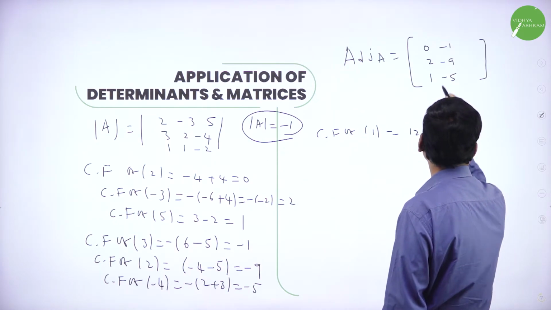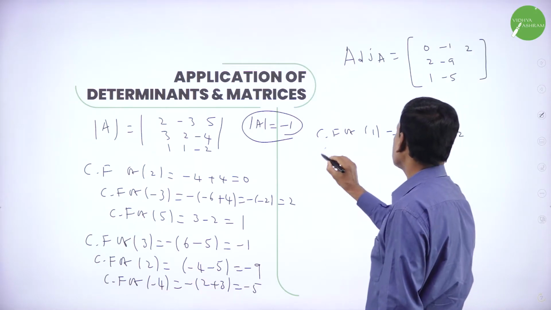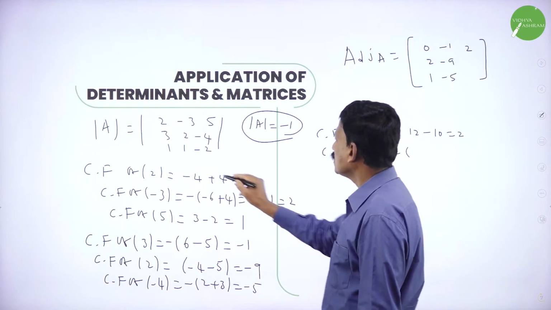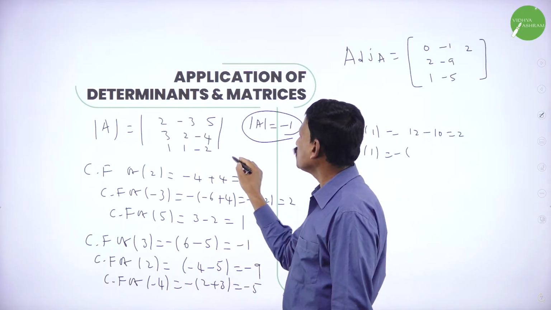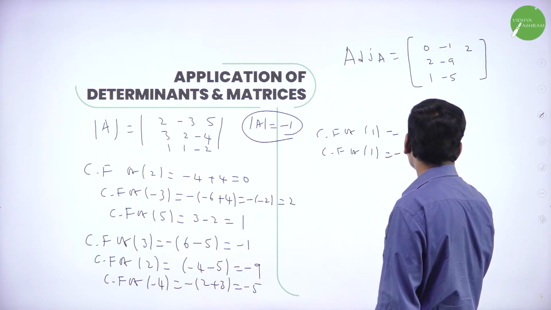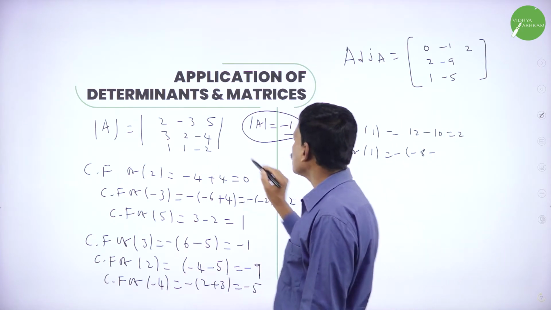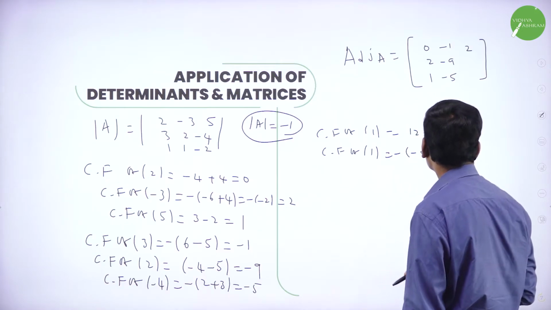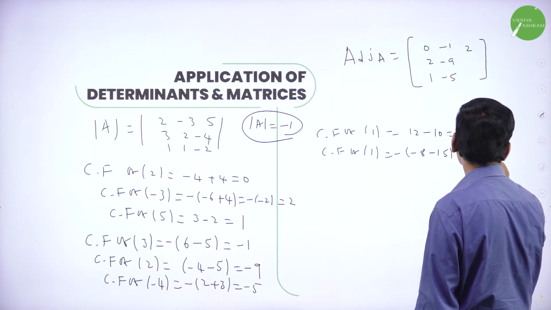This is equal to 2. Next, cofactor of 1 is minus, this row and column is gone. 2 4s are 8 minus 8 minus 3 5s are 15. So this is minus 23. Minus into minus plus 23.